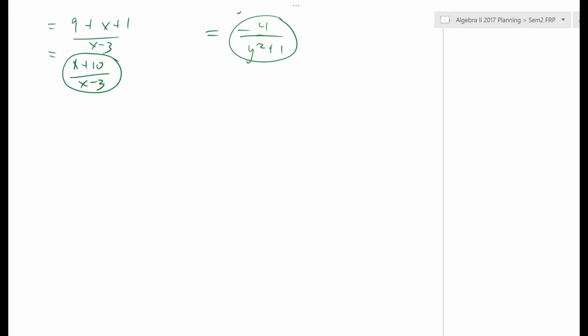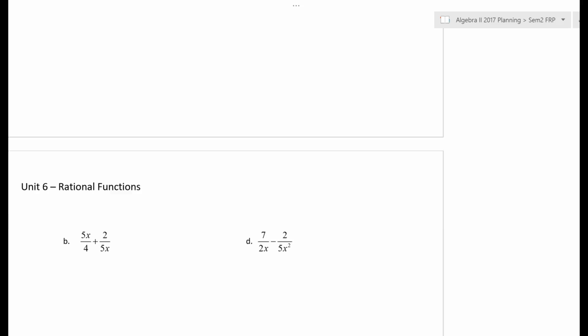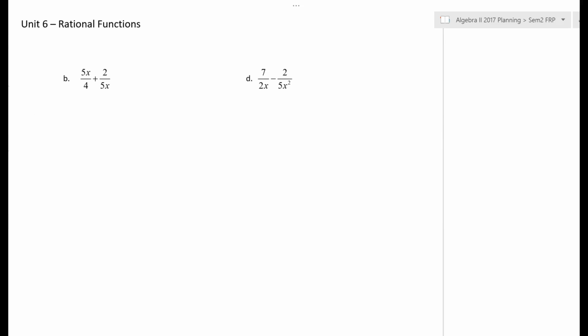Okay, let's move on to B and D here. Now we have a situation where I don't have the same common denominator. So if goal 1 should be to get us to the same one, I'm just going to rewrite this as 5x plus 4 times something which I don't know yet, and then 2 over 5x times something which I don't know yet.